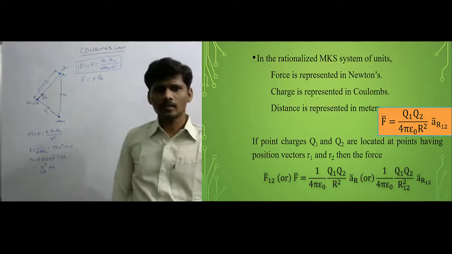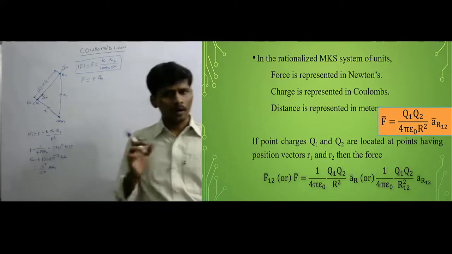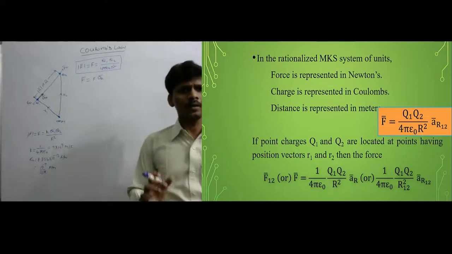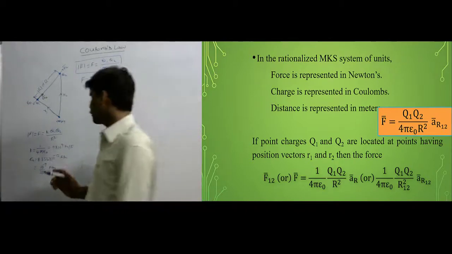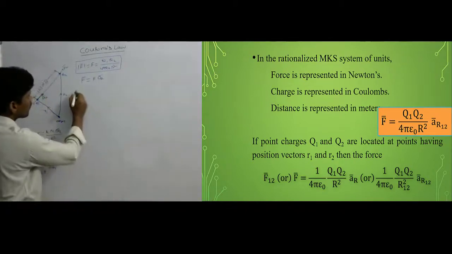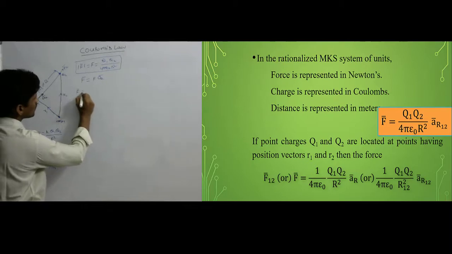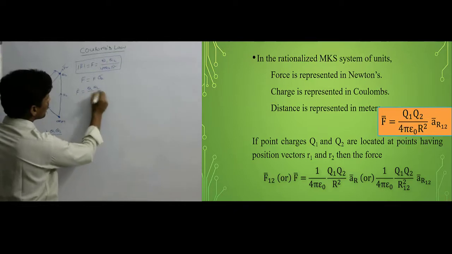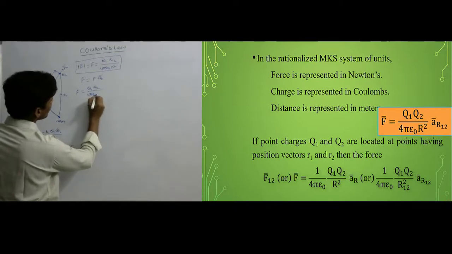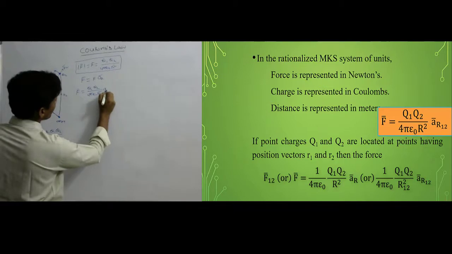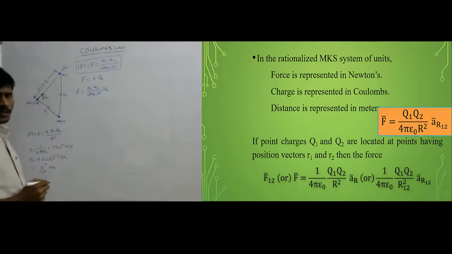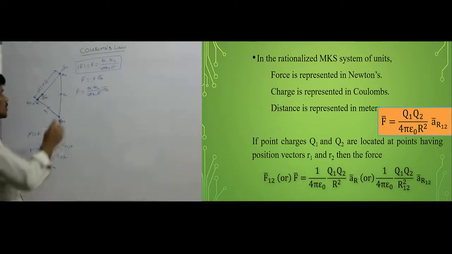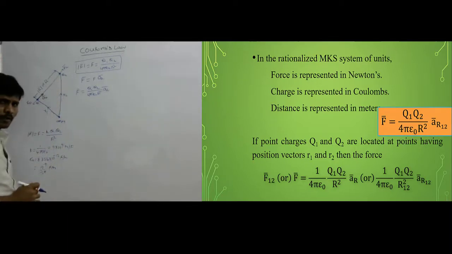Okay, so if the point charges Q1 and Q2 are located at the points having the position vectors small r1 and r2, then the force is given by or defined as F bar is equal to the magnitude of the force, Q1 Q2 by 4 pi epsilon naught r square into AR bar, where AR bar is the unit vector directed from charge Q1 to Q2.